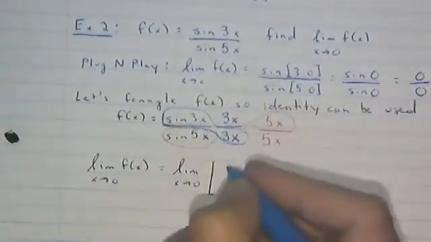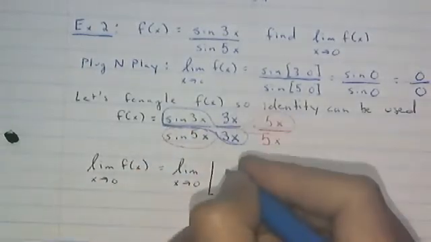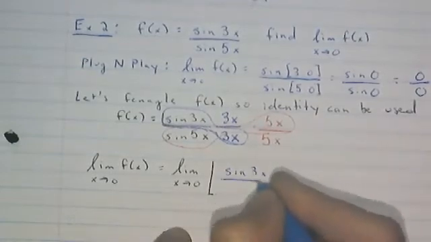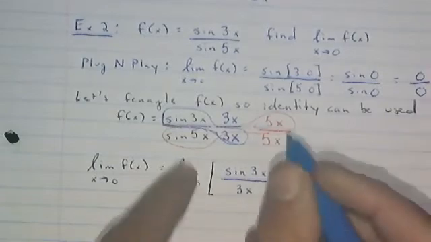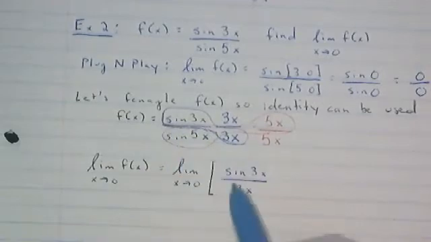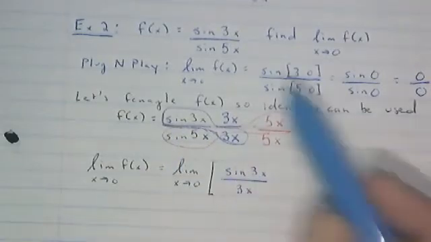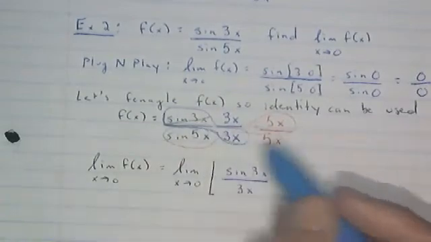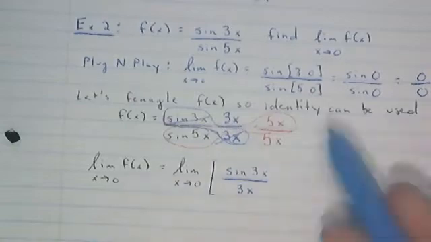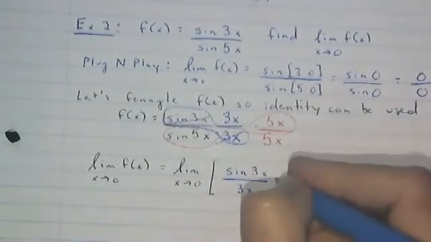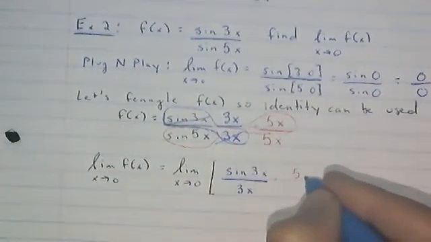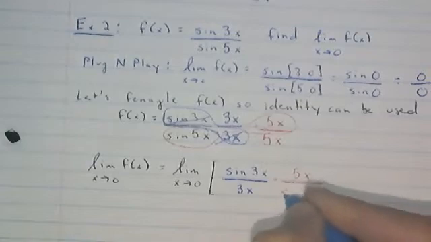I'm going to do the sine of 3x. I'm going to do this in blue, just to have color code. Sine of 3x over 3x. And especially when you've got a lot of stuff going on, I like to lightly cross out what I'm writing down. So, okay, I took the sine of 3x, I took this 3x, and I'm not going to try to rewrite that. Then the second quotient that we want is the 5x over the sine of 5x.